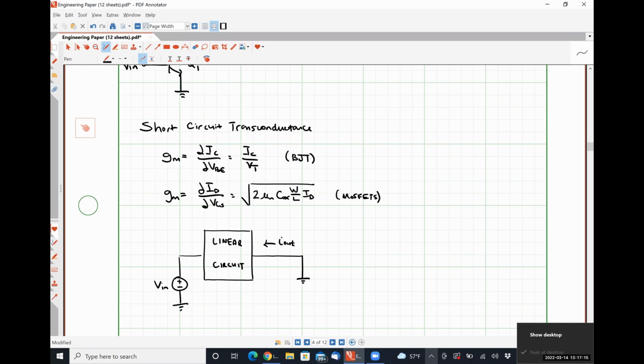Our short circuit transconductance, capital Gm, is simply the ratio of Iout to Vin when our output voltage is forced to be 0 volts, or we short circuit our output. This is why it's called a short circuit transconductance.